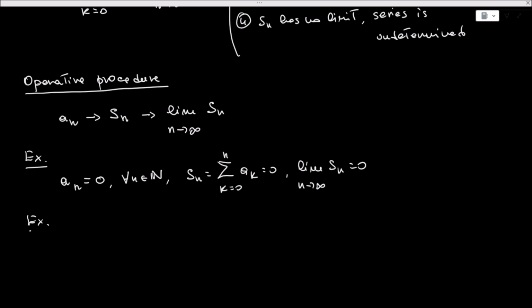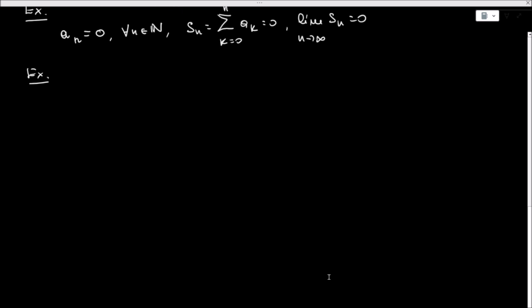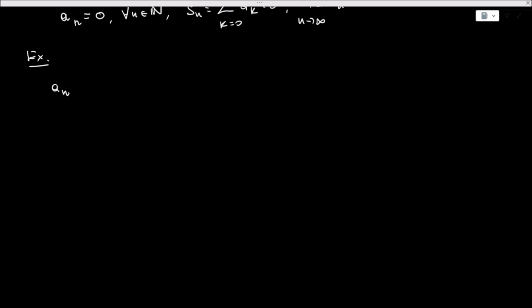Let's go to another example. Let's consider now the sequence of all ones, for every natural number n. Well, then we can say that Sn, which is the sum k goes from 0 to n of ak. Well, let's see what we get. We get 1 that corresponds to k equals 0, 1 that corresponds to k equals 1, plus ... 1.